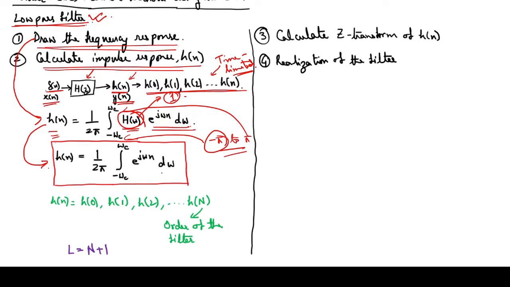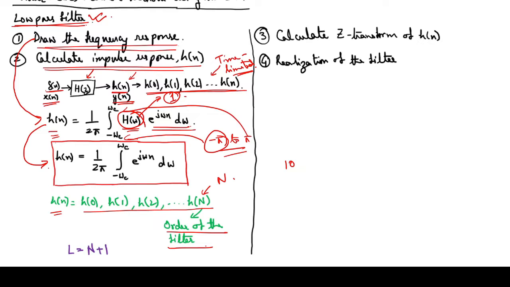Now, when we try to calculate h[n], as I told you, you will get a series of sequences h[n]. Here, n is equal to capital N. This capital N will decide the order of the filter. Suppose the order of the filter is 10, because you will be given the order of the filter.